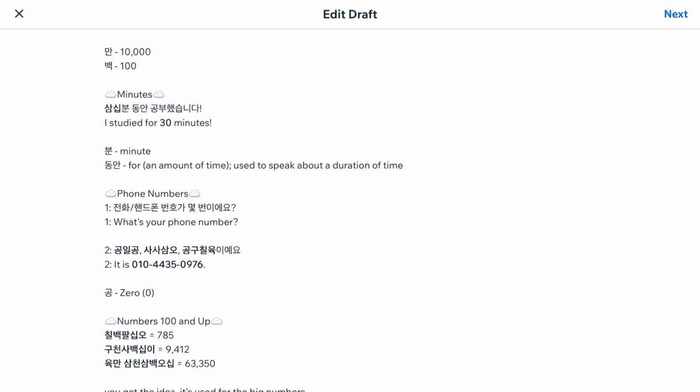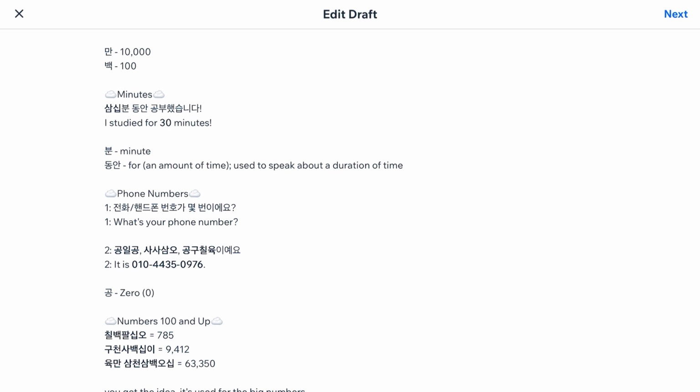And then, like we said, numbers 100 and up. So I could talk through these little examples here. 785. So we have 700, 80, and then 5. 9,412. 9,000, then we have 400, and then we have 12.